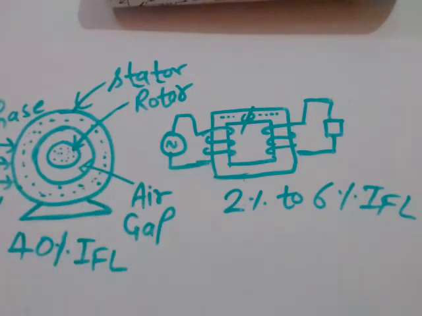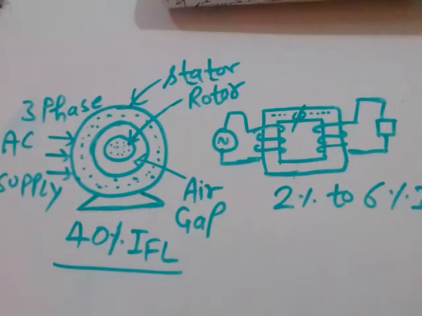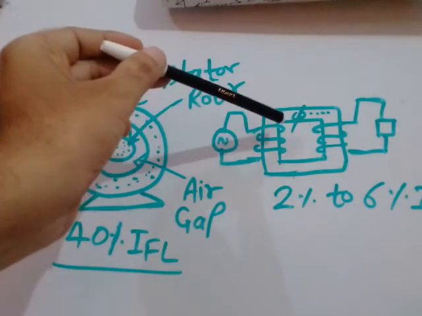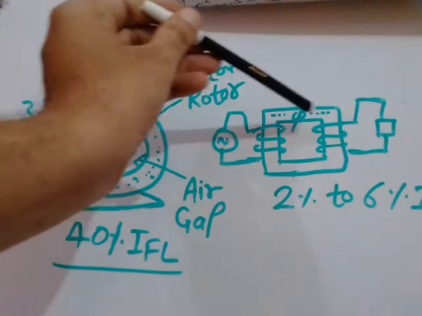Now let me tell you students that due to the presence of this air gap, the magnetizing current of induction motor is higher. It is almost 40% of the full load current. It is higher than a transformer because the air gap reluctance is higher as compared to the reluctance of the iron path.